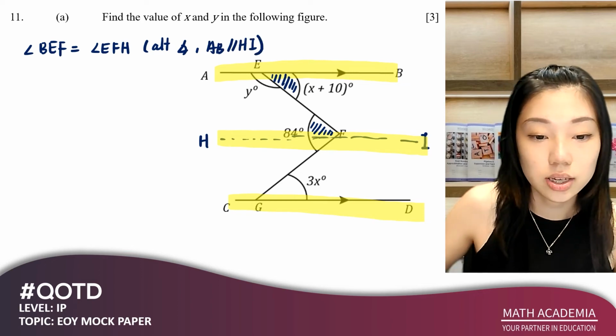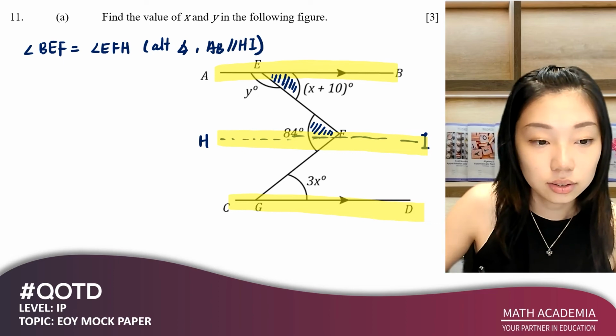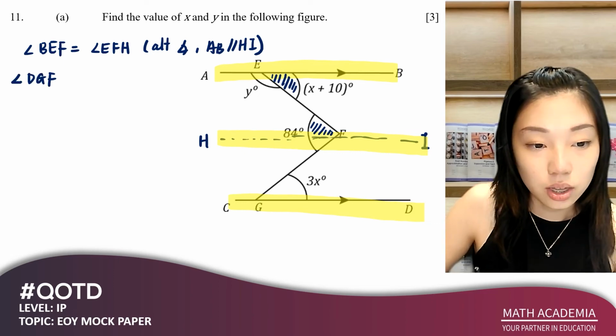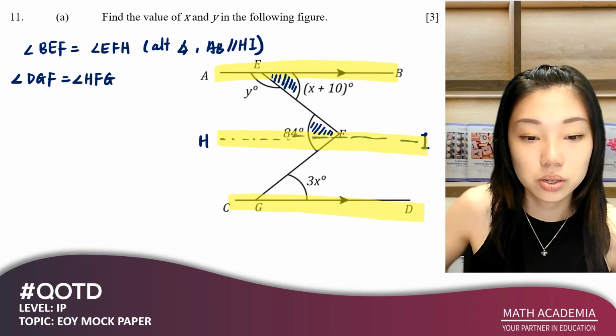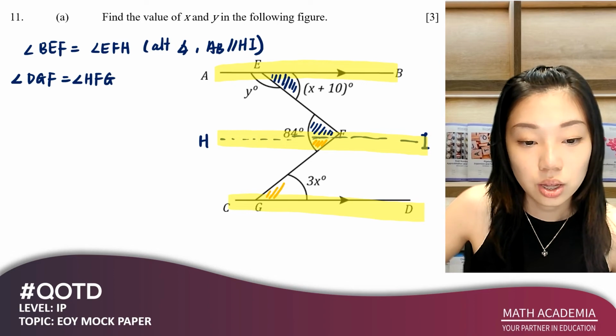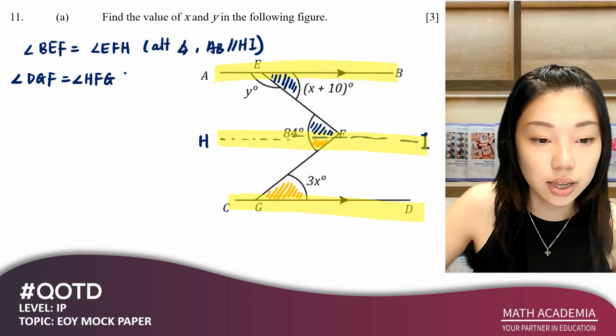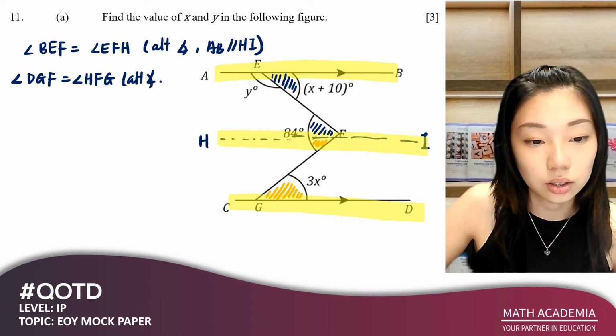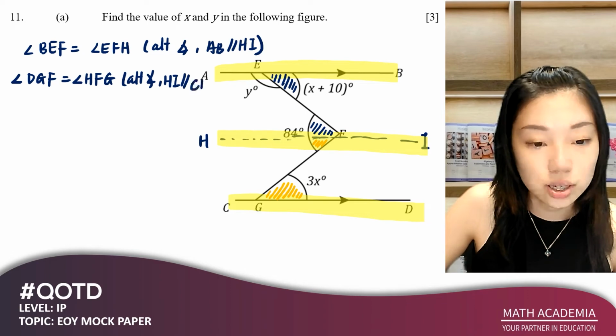The next thing I can take note of is angle DGF equals angle HFG. This angle over here would equal this angle over here. Why is it so? Because again they are alternate angles where HI is parallel to CD.